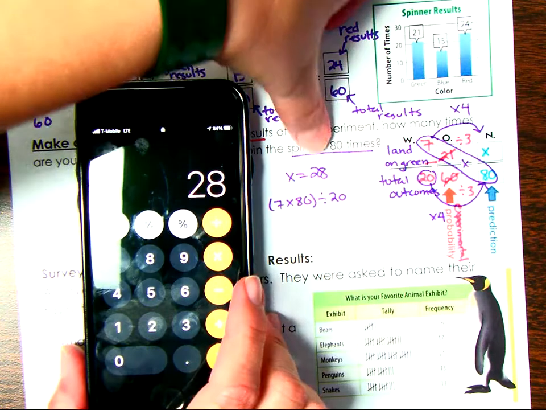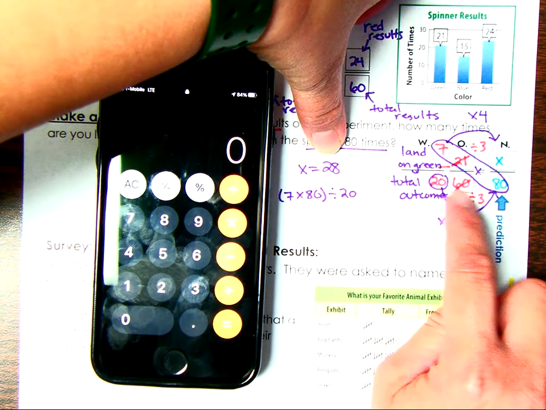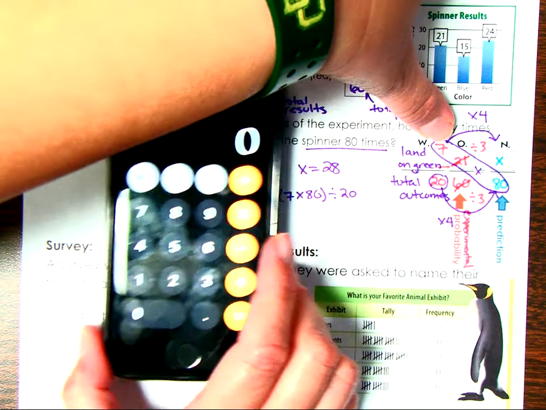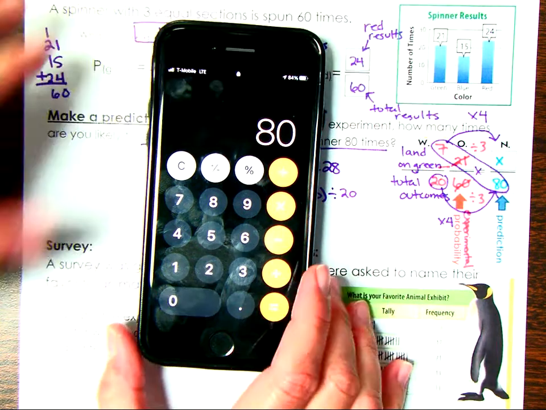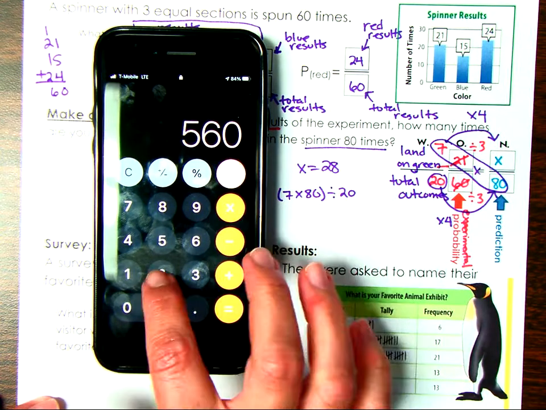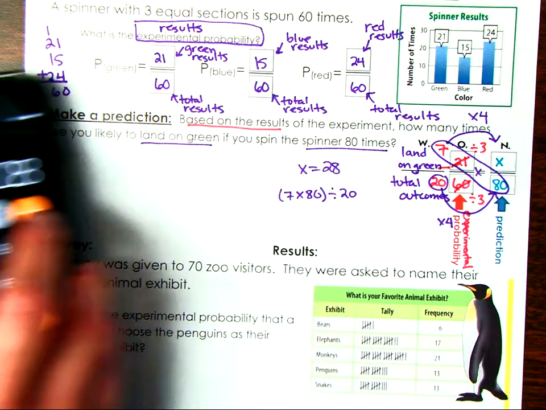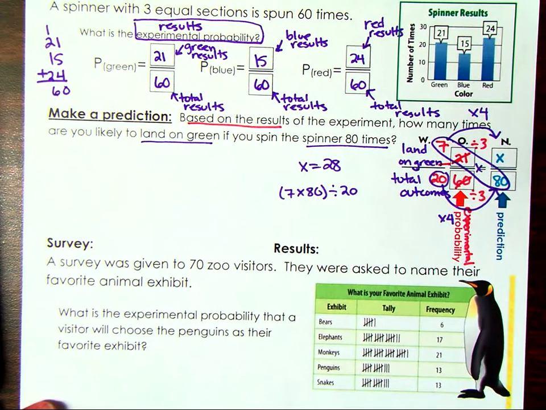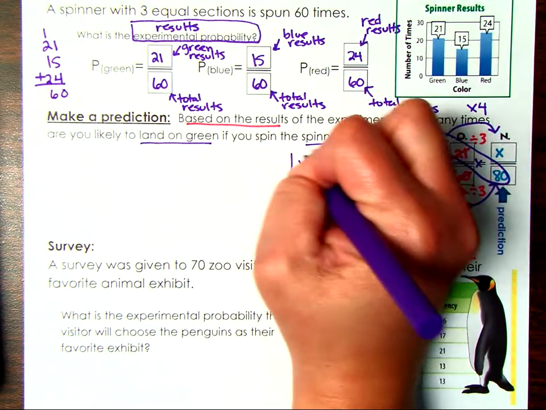Check it out. You still get 28. Even if you reduced and didn't find that scale factor, if you kept this as 7, 7 times 80, move that over again, divided by, now we have a 20 down there. See how you still get 28? So no matter what, I'm showing you a couple different results that mathematically make sense. So we're going to see that x equals 28.